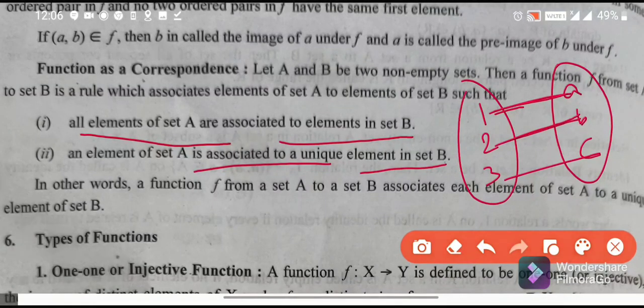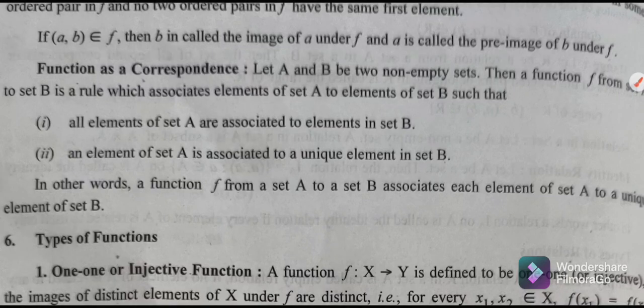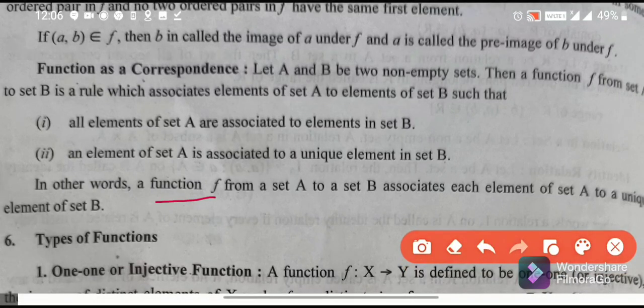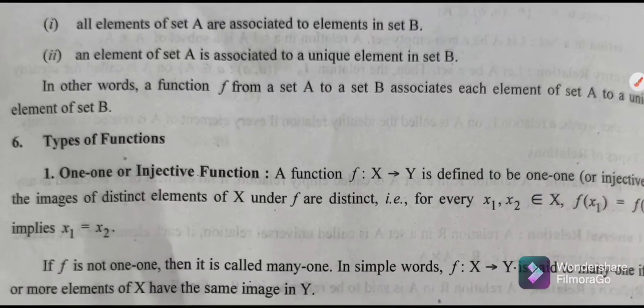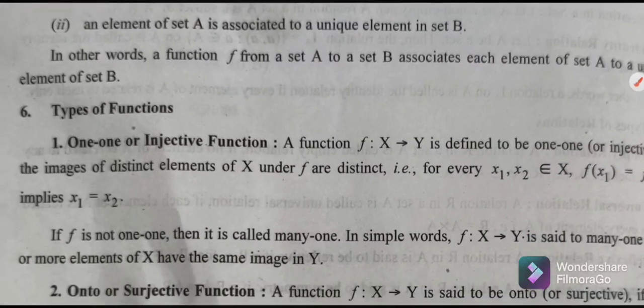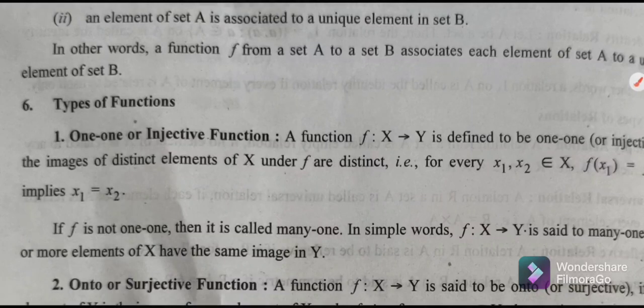In other words, a function f from set A to B associates each element of A to a unique element of set B. Now types of functions. First one is one-one function, also called injective function.